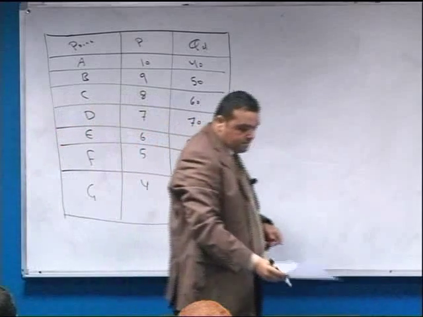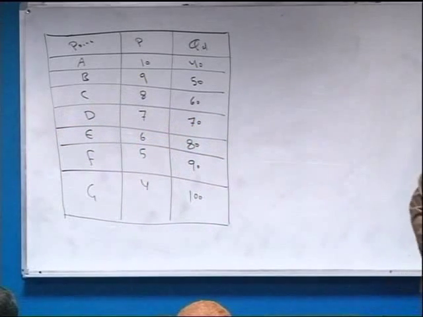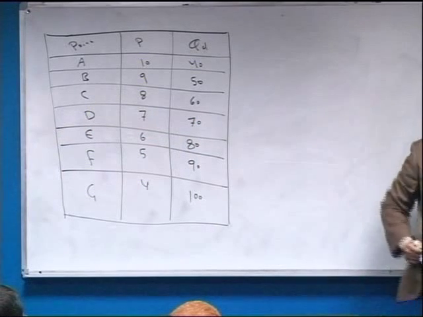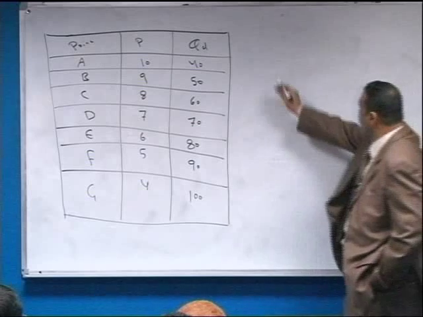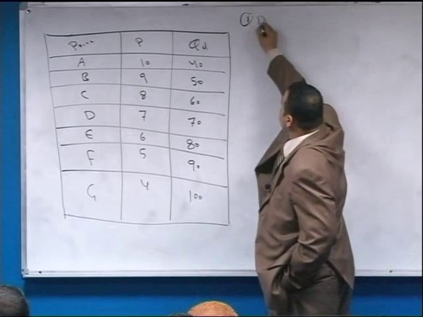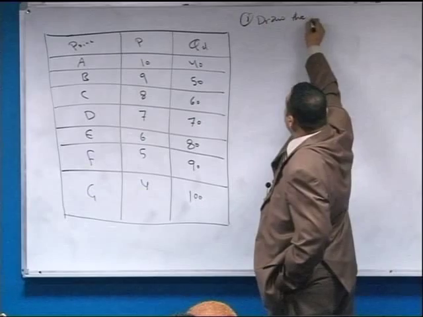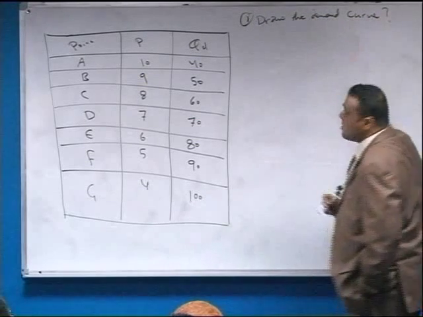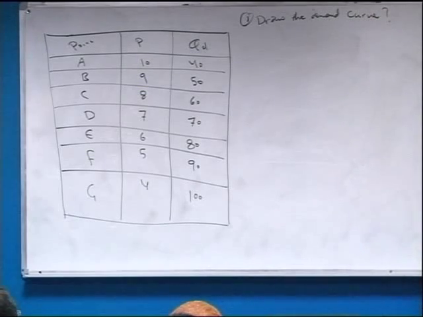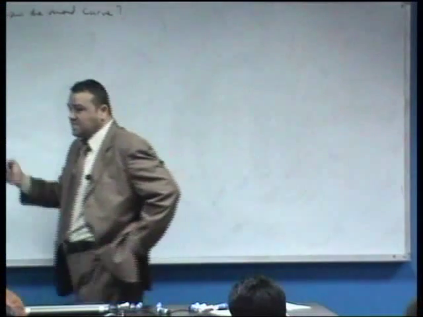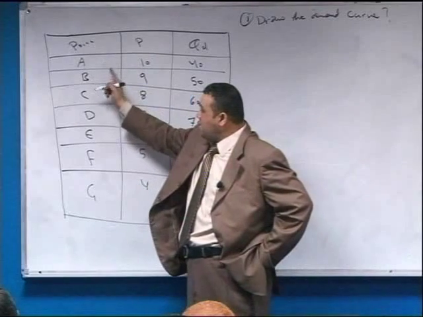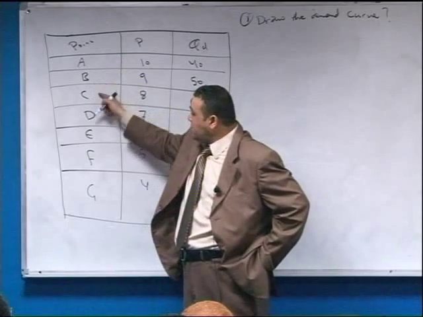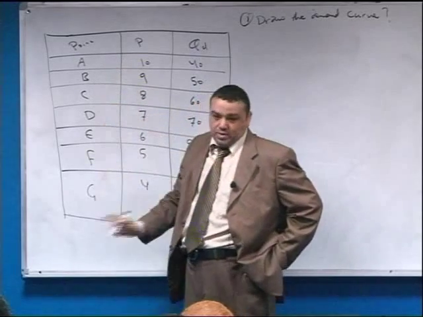Number 1, draw the demand curve. Number 2, calculate the price elasticity of demand between A and B, or from A to B, then B to C, then C to D, and so on.